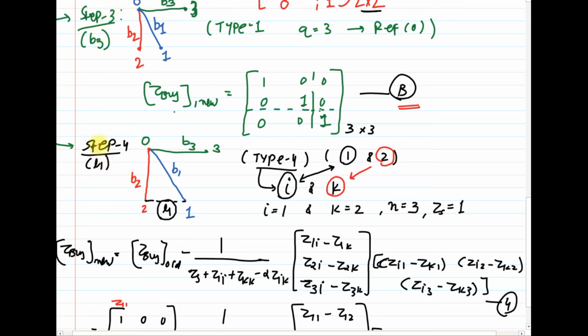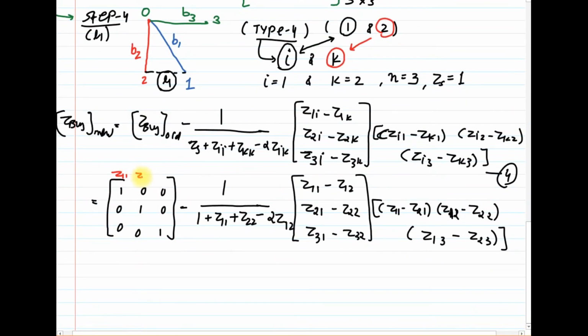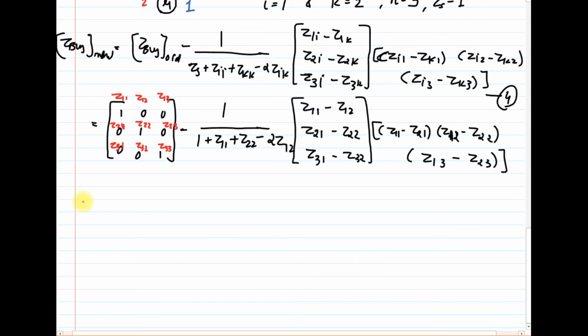For step number 4 the previous step is step number 3. Yes, so Z11 12 13 21 22 23 31 32 Z33. So just substitute the Z bus old.